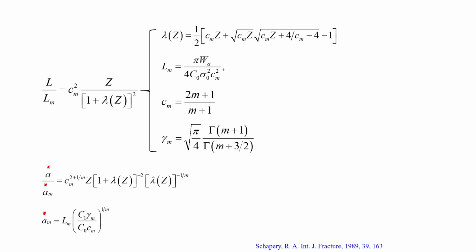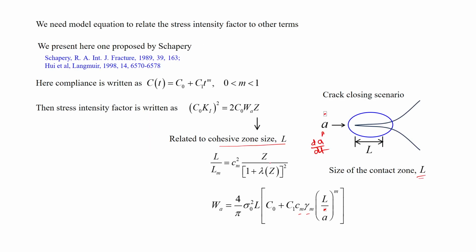So we have these relations for finding out this Z. Here the Z can be found by relating this expression, L by Lm, which is related to the work of adhesion by this expression. Work of adhesion is there, and sigma 0 is another term. Sigma 0 is the critical stress that is attained. Remember the Dugdale model I had talked about, where there was a critical stress sigma 0 at which the failure occurs.